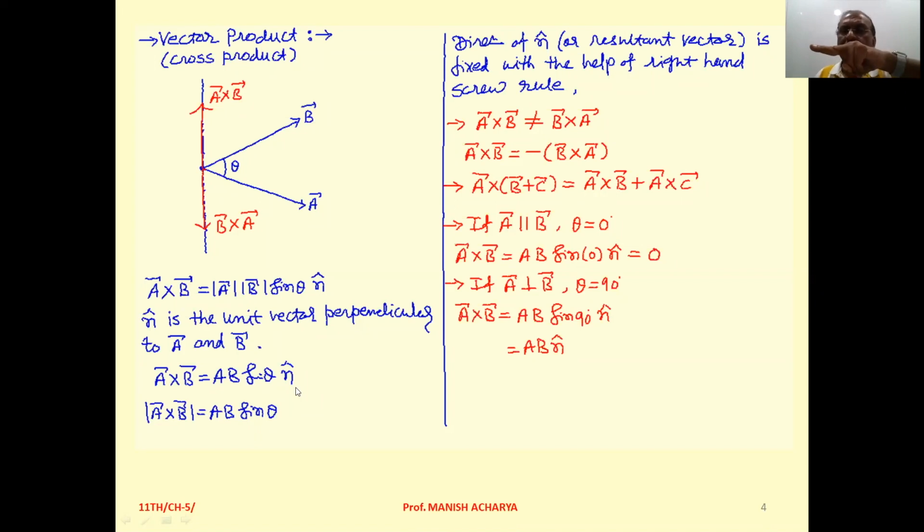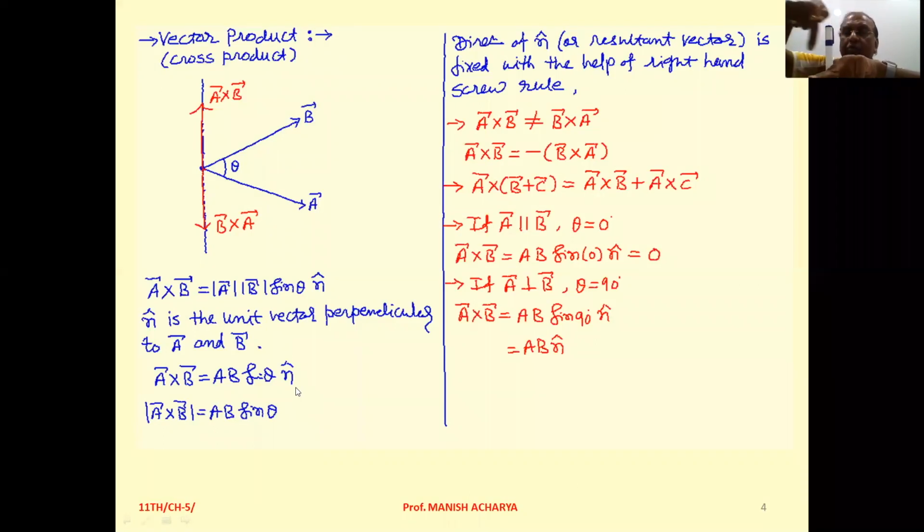First of all, we have to place a right-handed screw perpendicular to both vectors A and B. This is our vector A, this is our vector B. Then if we want A cross B, we have to rotate this right-handed screw from A to B. From A to B means like this.